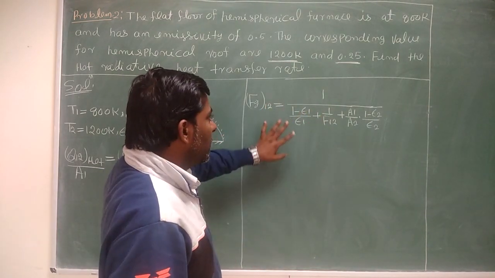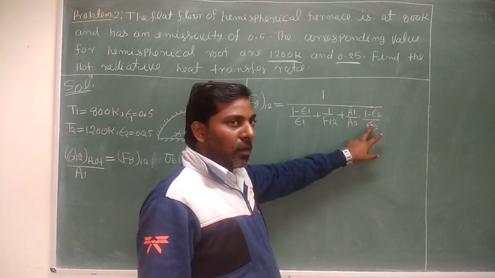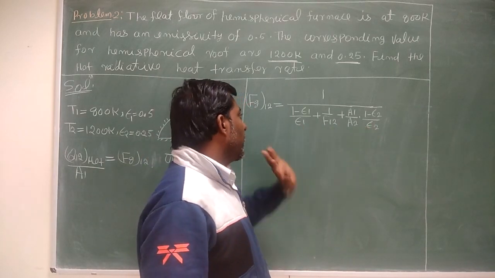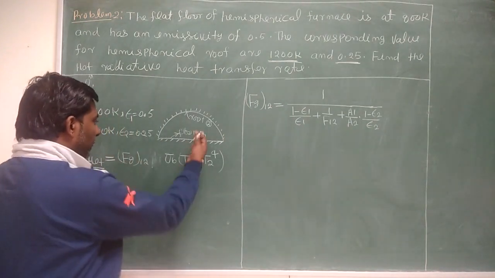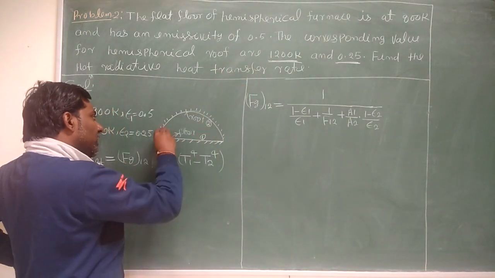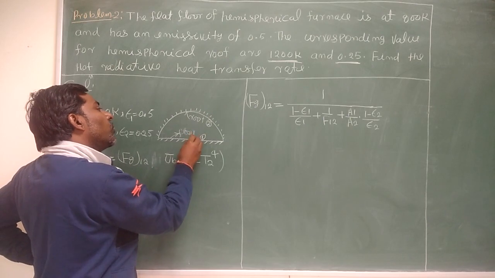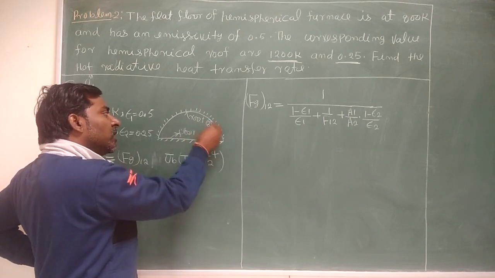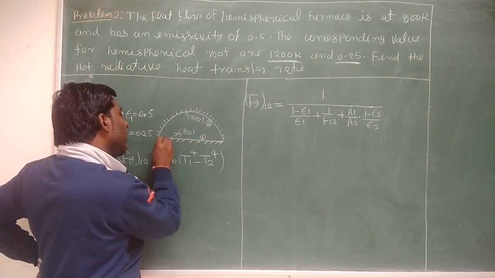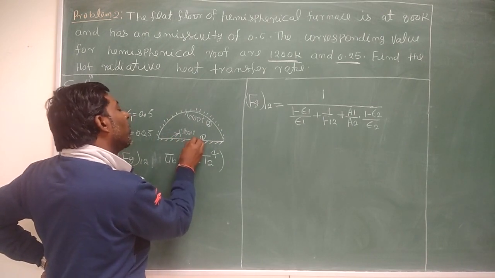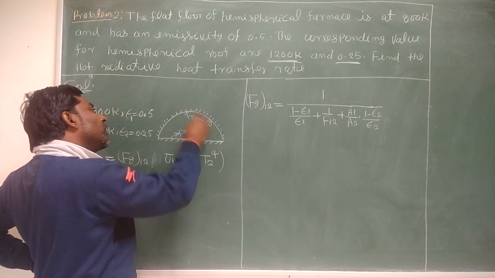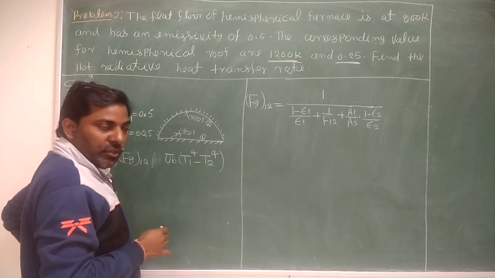The emissivities epsilon 1 and epsilon 2 are given. The shape factor can be calculated. Look here: body 1 is totally covered by the hemispherical roof, that is body 2. So whatever radiation is emitted by this flat floor will go and strike body 2. There is no way to go out.